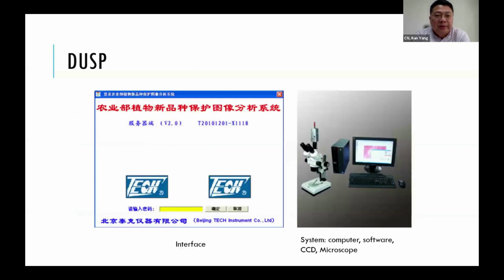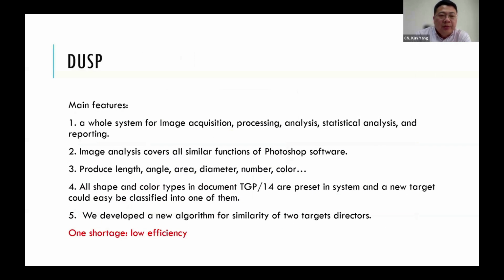And this is the interface and the components of the DUSP. It includes hardware and software. Next. Main features: sometimes it looks like Photoshop, but it has more measurement functions than Photoshop. So it can produce length, angle, area, diameter, number, and color.